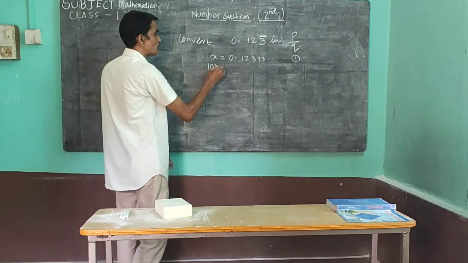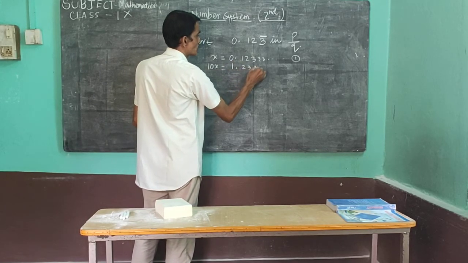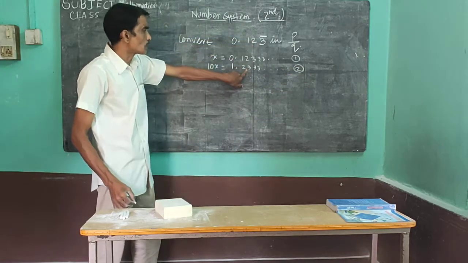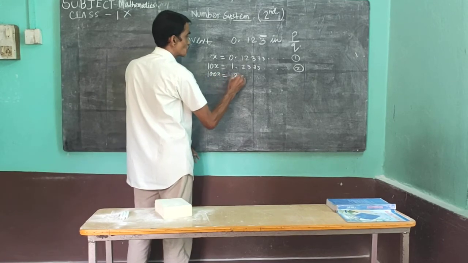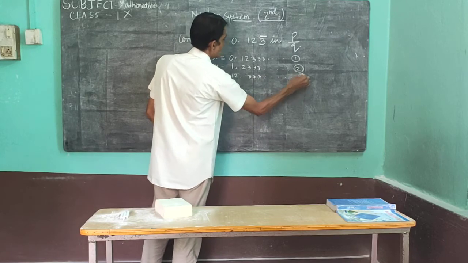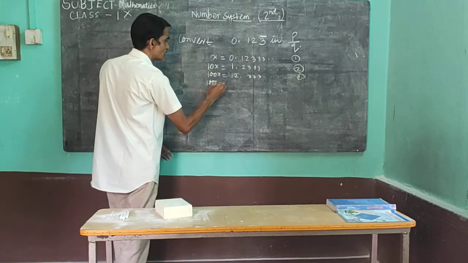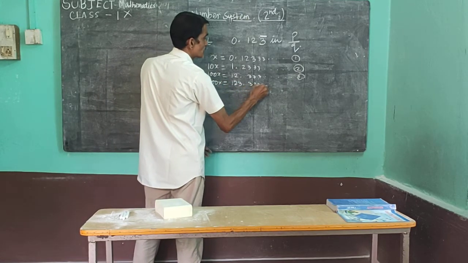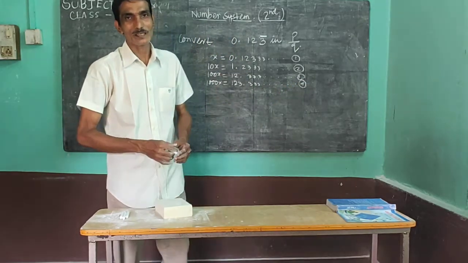Multiplying by 10 on both sides, we get 10x equals 1.2333... After the decimal they are not equal, so keep on multiplying: 100x equals 12.333... Still not similar, so again keep multiplying: 1000x equals 123.333... Now stop multiplying by 10.